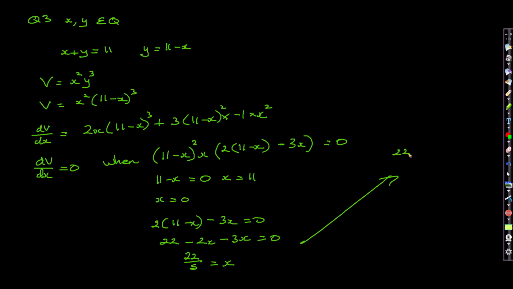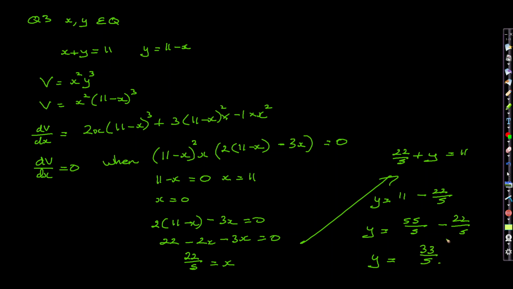So we've got 22 over 5 plus y equals 11. So y is 11 minus 22 over 5, which is 55 over 5 minus 22 over 5, so that's 33 over 5. So those are the values, I think, that maximize the value we're after.